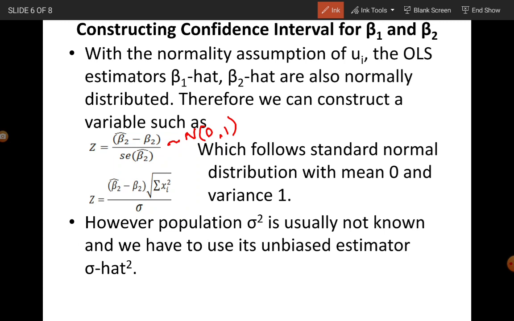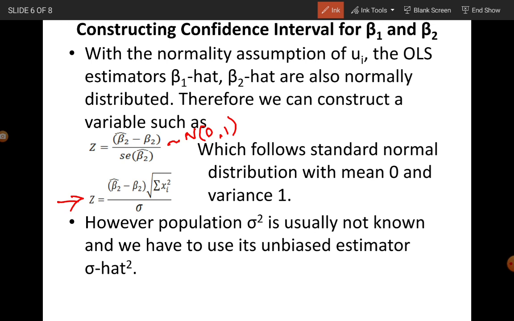So if everything is fine and all the values are known, beta 2 hat minus population beta 2 divided by standard error of beta 2 hat can be written as this equation.